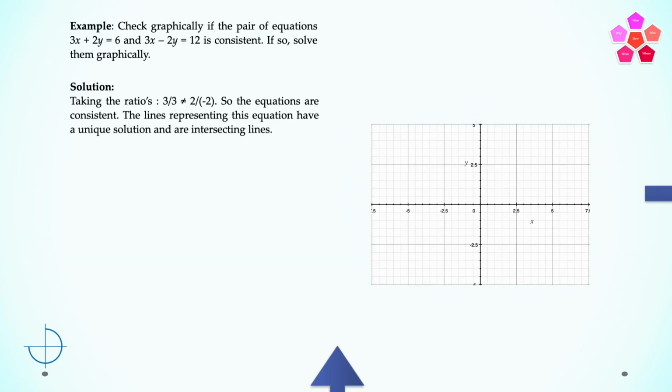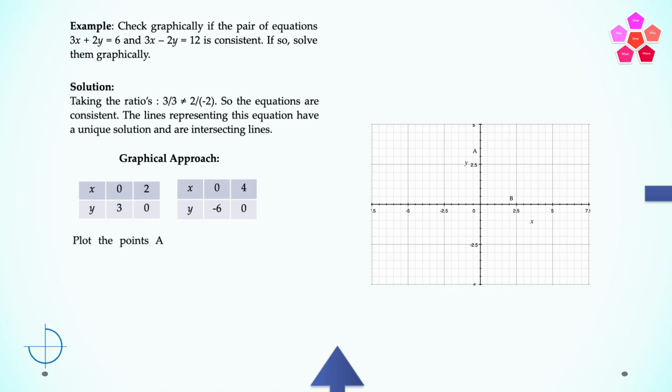Let's talk about the graphical approach. When x is equal to 0, the value of y becomes 3. When x is equal to 2, the value of y becomes 0. For the next equation, when x is equal to 0, the value of y becomes minus 6. And when the value of y is substituted as 0, we see that the value of x becomes 4.